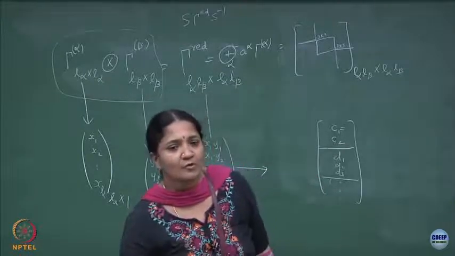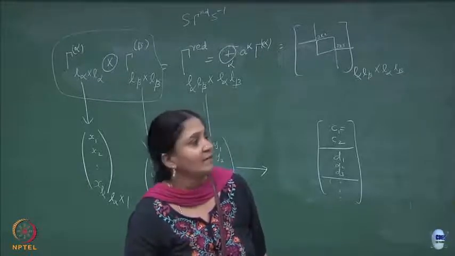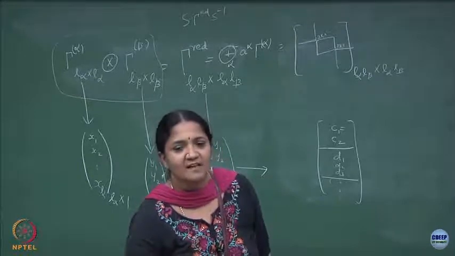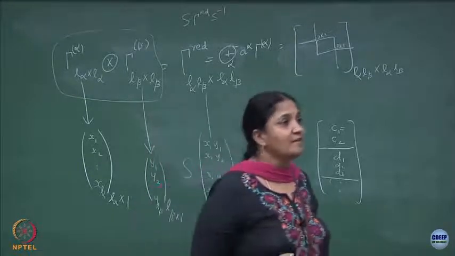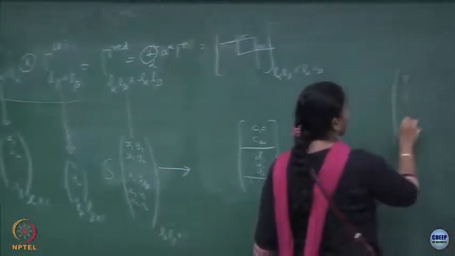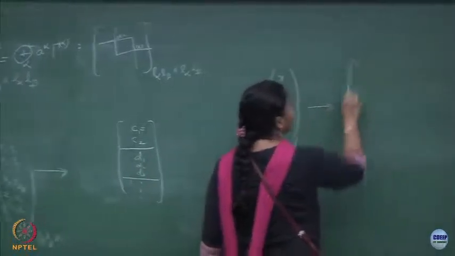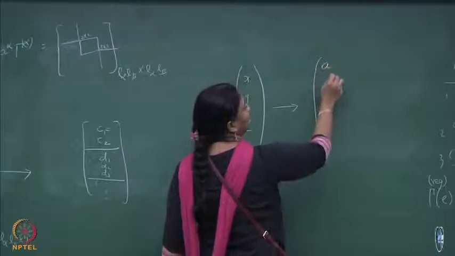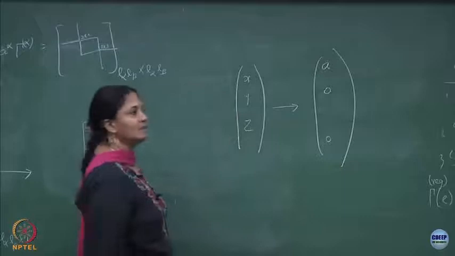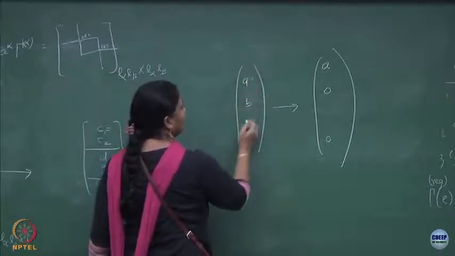It is not new to you. You have done projection operators in your XYZ 3-dimensional space. Suppose I say that the vector space is 3-dimensional, let us take XYZ. I want to project this, let me call it ABC. What is the meaning of this?